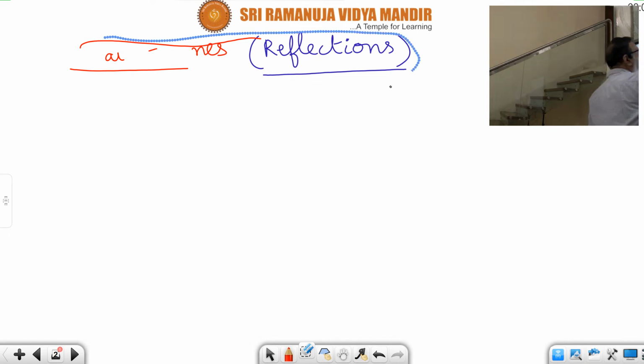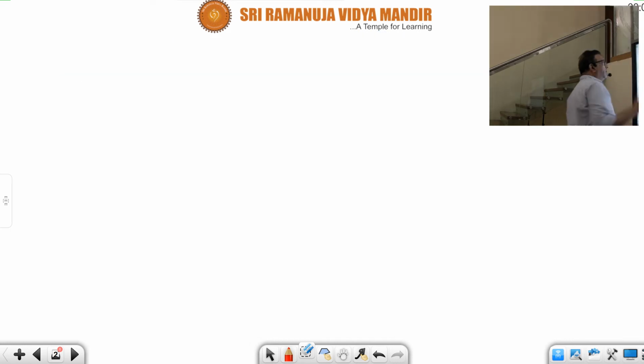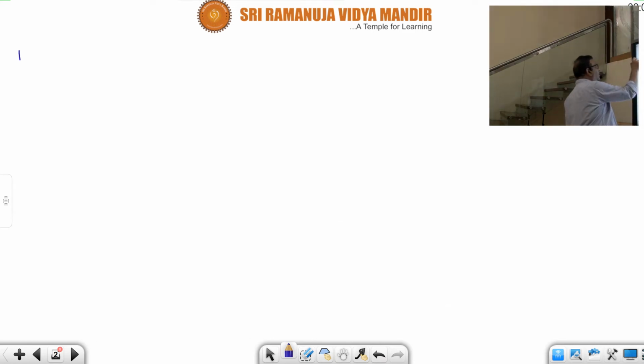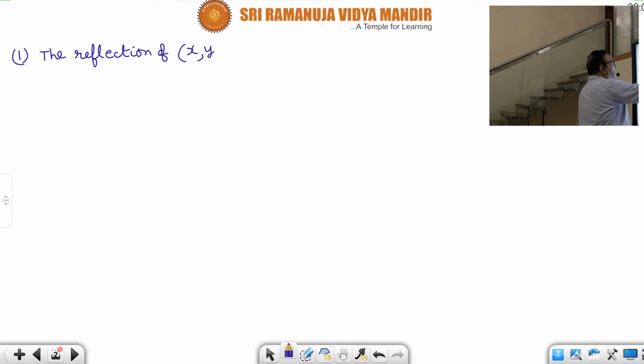So I'll remove the straight lines. Right. Now my first formula is, here we are going to see about 10 formulas. 10 formulas. The reflection of the point x comma y in x-axis.